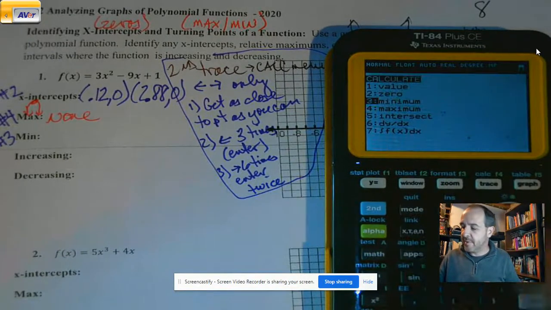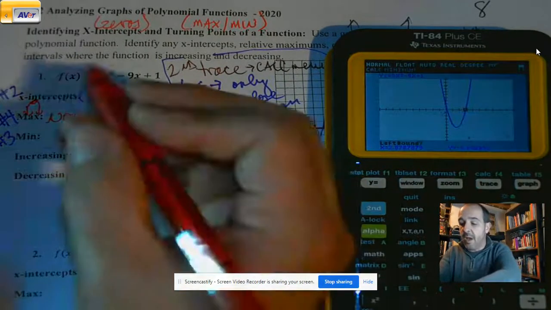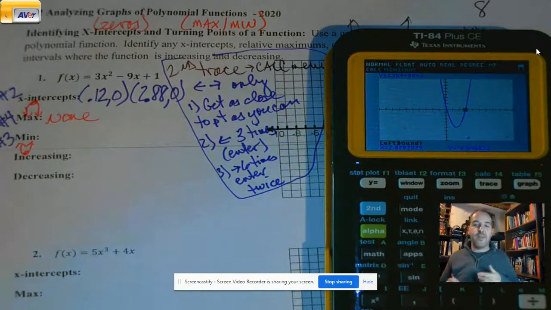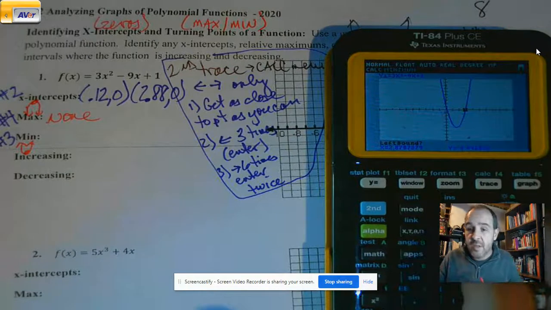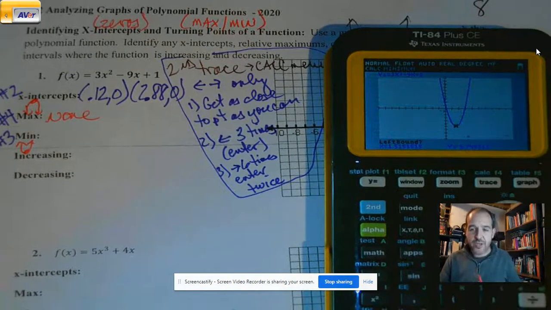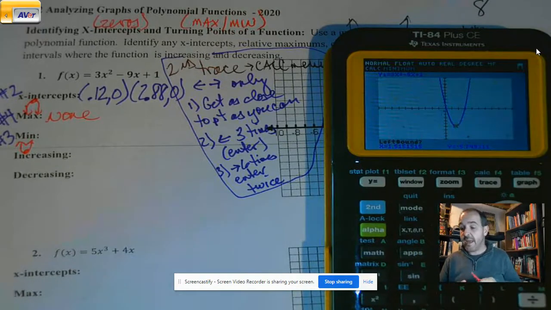Second trace, number 3. And min, the minimum, though, is when we have a parabola opening up and we're looking for the very bottom. That we do have. So again, arrow as close as you can to that minimum. That's pretty good. And that same thing.